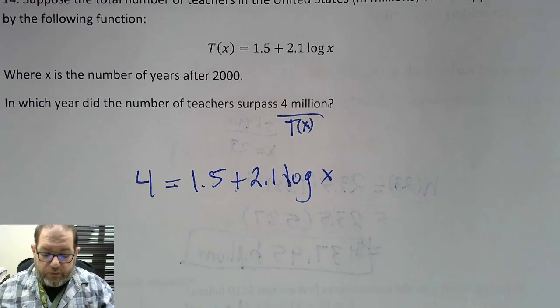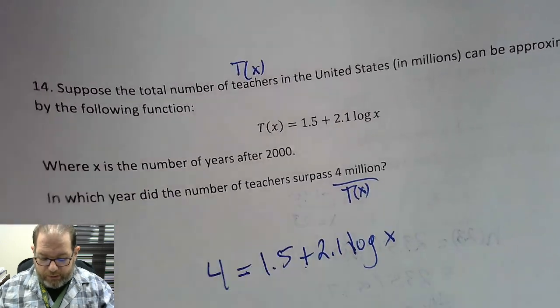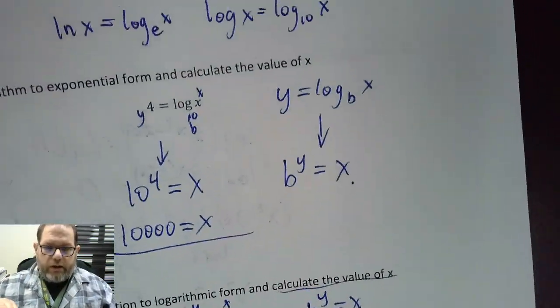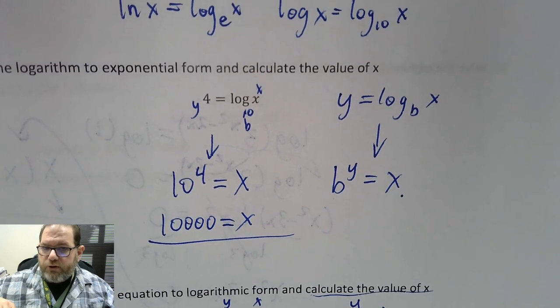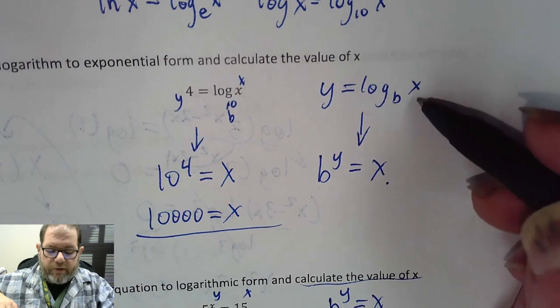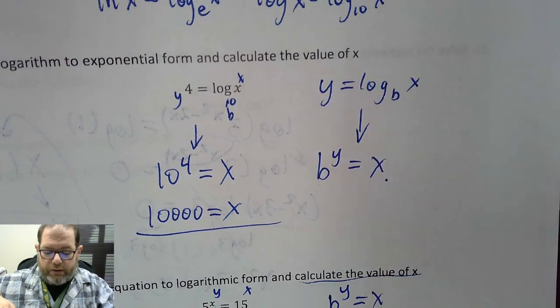Now, this problem will end up being a lot like number 8, I believe it was. In 8, we just had to take our logarithm equation and convert it to an exponential to be able to solve. But again, our conversion formula relies on having log base b of x equal to y.